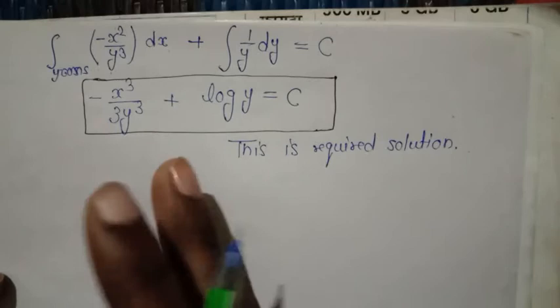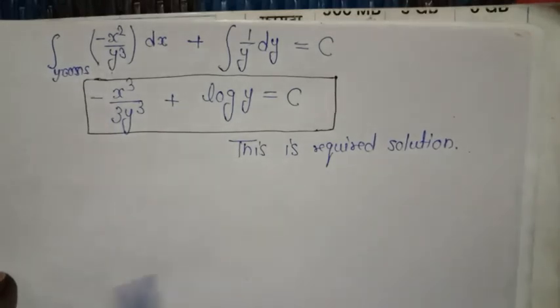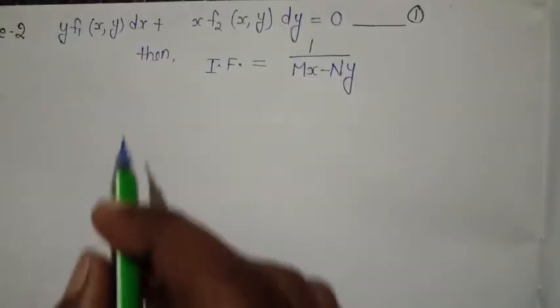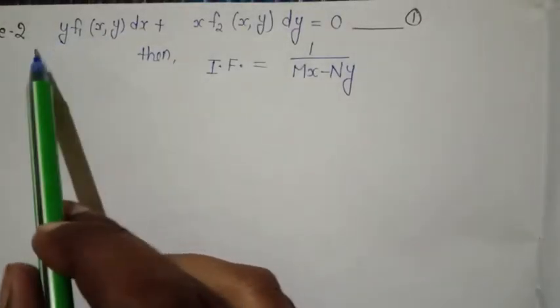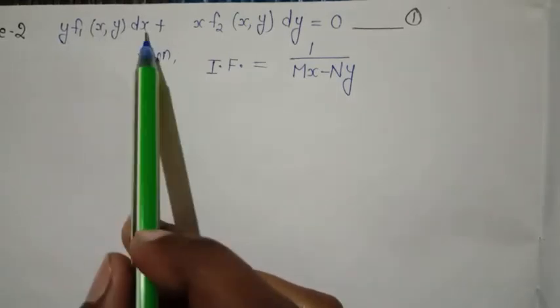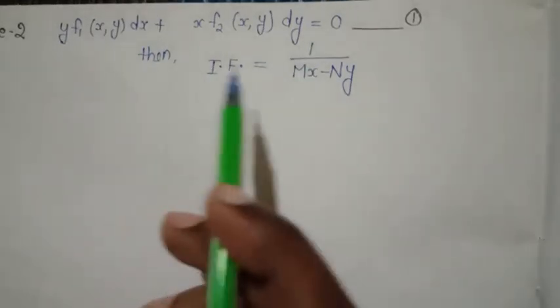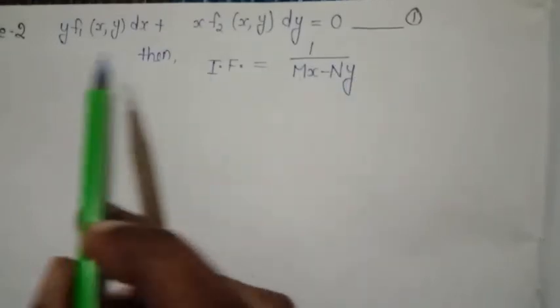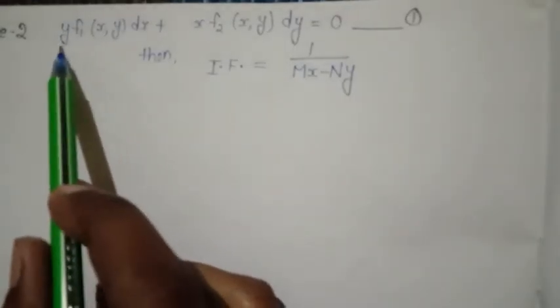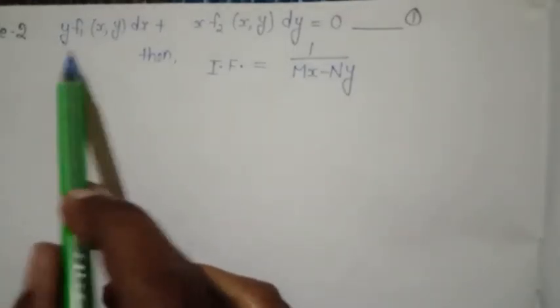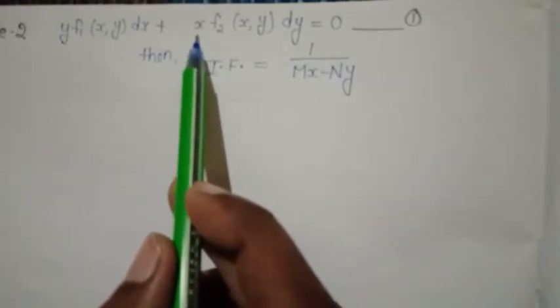Okay, now I am going to discuss the second rule to solve a differential equation which is not exact. So the rule number 2 is here. If you are given a differential equation of this form, that is, it must be of the form M dx plus N dy is equal to 0, but you will see that in the first term y should be common, and in the second term, that is N, x should be common.